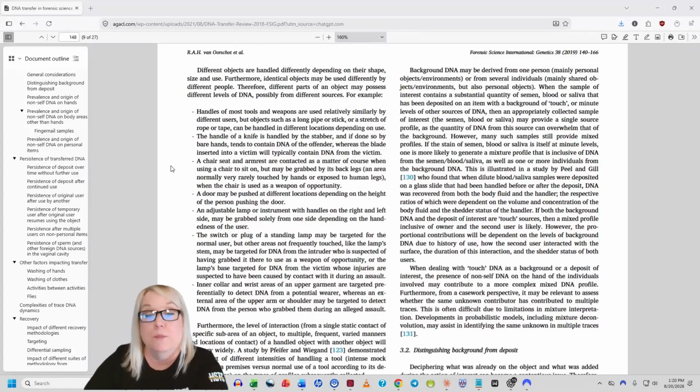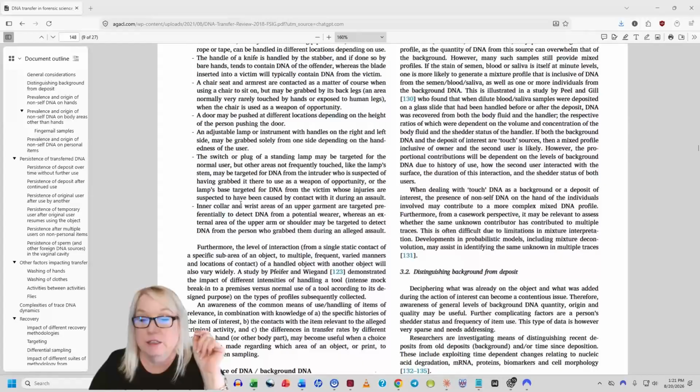However, the proportional contributions will be dependent on the levels of background DNA due to history of use, how the second user interacted with the surface, the duration of this interaction, and the shedder status of both users. Very important. Think about our cases.